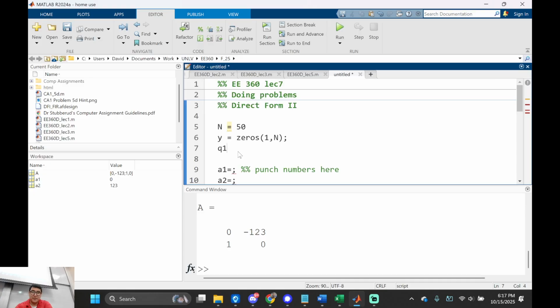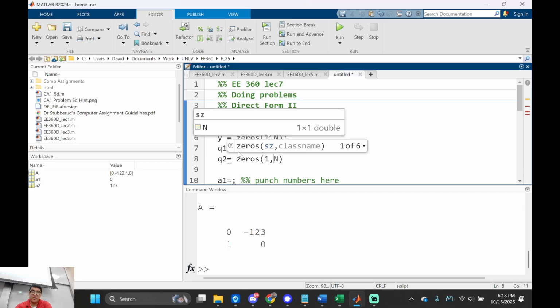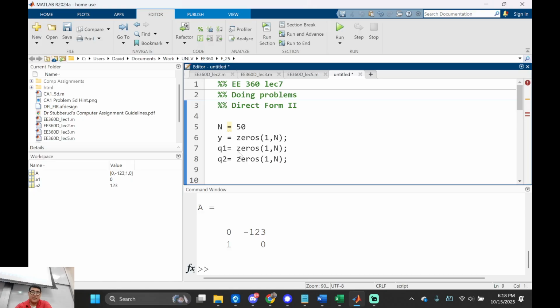Q1 is equal to zeros, 1 of n. Q2 is equal to zeros, 1 of n. And then x is equal to zeros, 1 to n. Why did I do this? So that way we have an empty palette. We can just start designing stuff, start seeing what's going on, and make sure everything works. All right, n is just the length. I'm just choosing a length of 50 zeros in line.